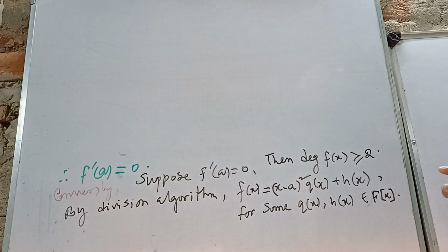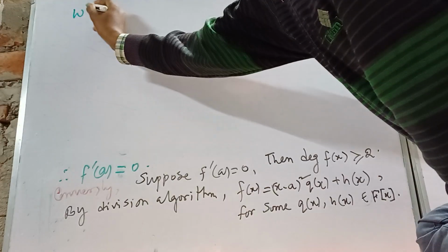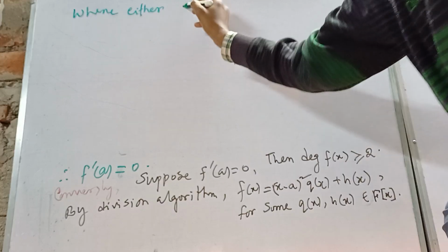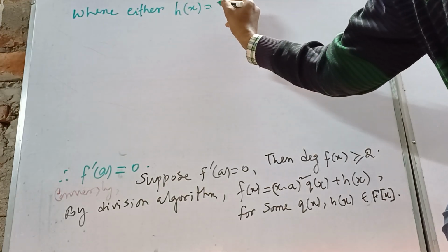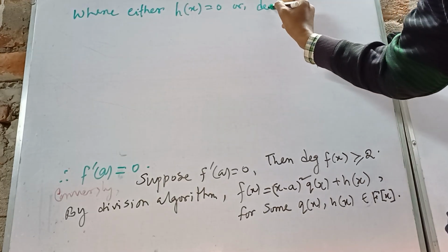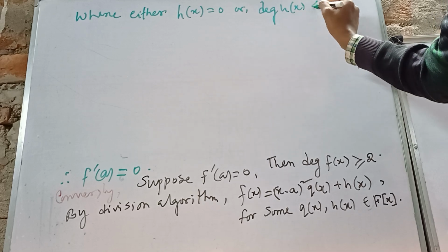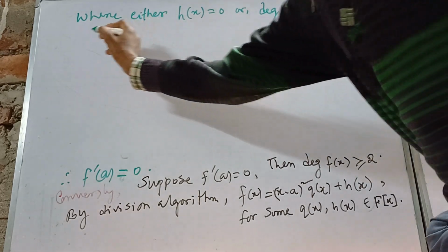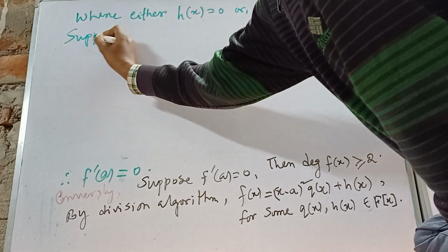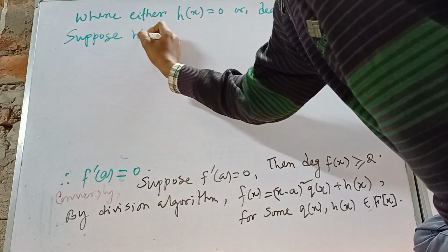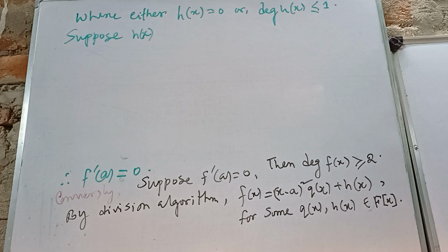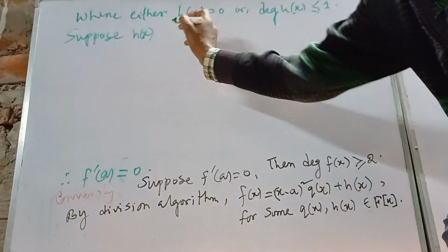Now we write here in this way, where either h(x) equal to 0 or degree of h(x) is less than or equal to 1. Not a problem at all. Now suppose h(x) not equal to 0.